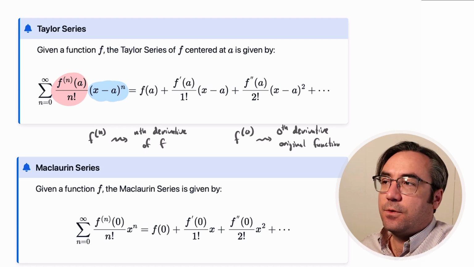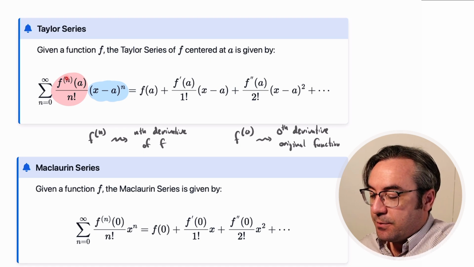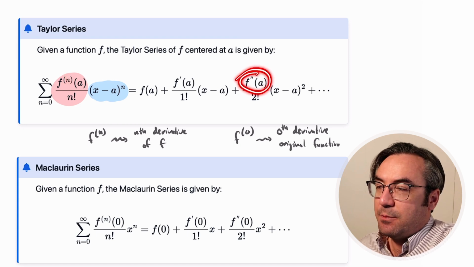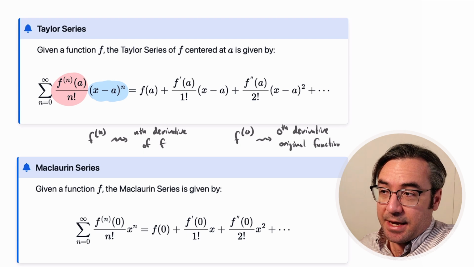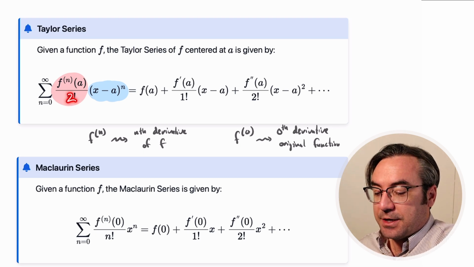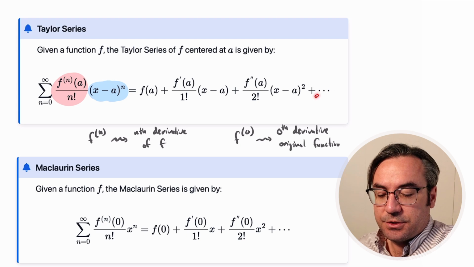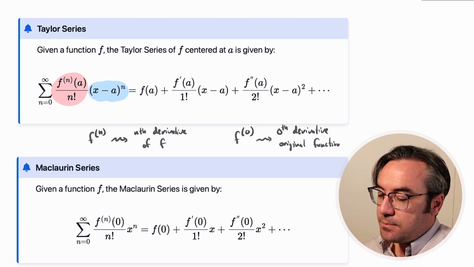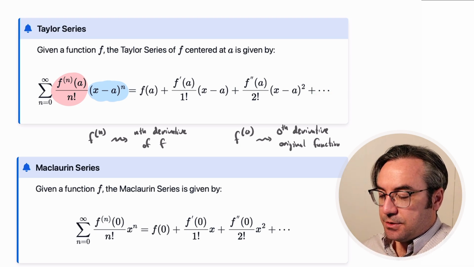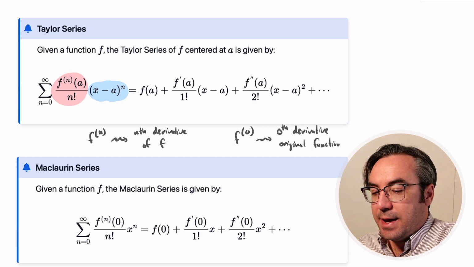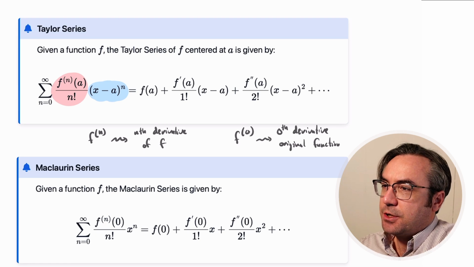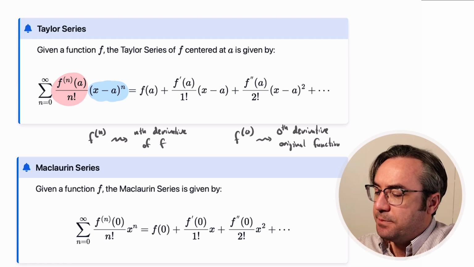And then similar for n equals 2. There we get our second derivative, f double prime evaluated at a, divided by 2 factorial, and then x minus a squared. And we could keep going and going, so it just keeps on going. And again, just to remind you, the coefficient terms should all be constants.